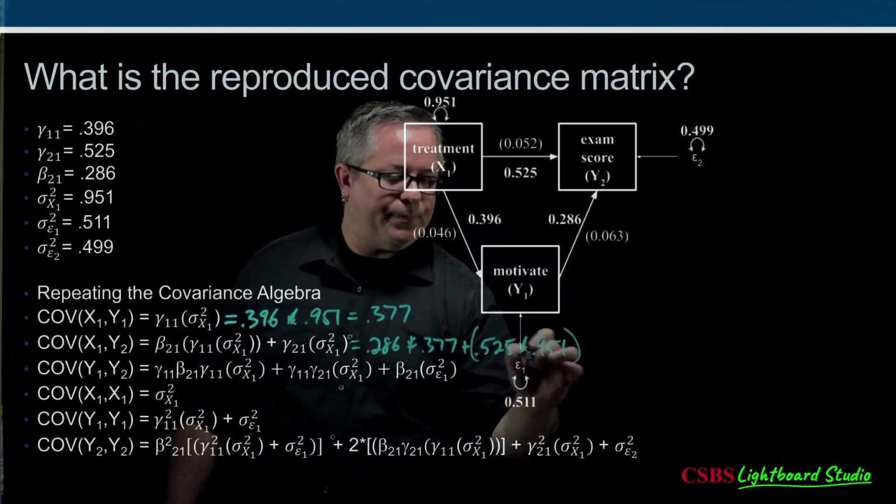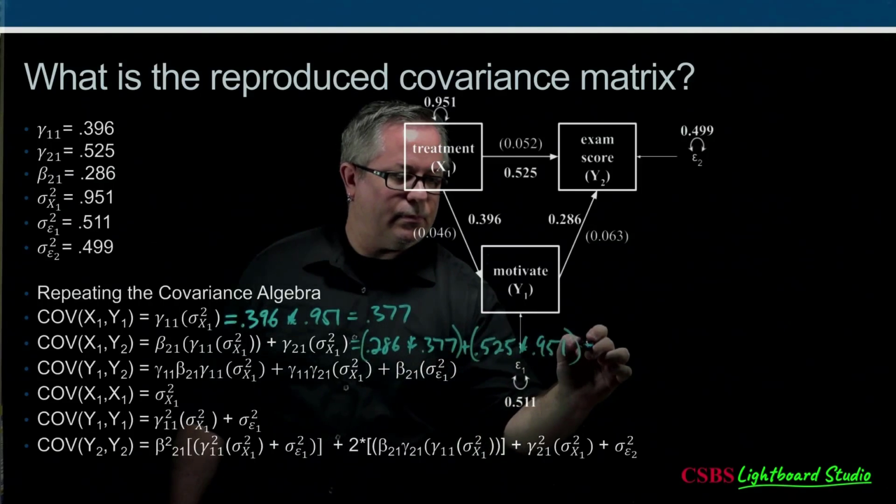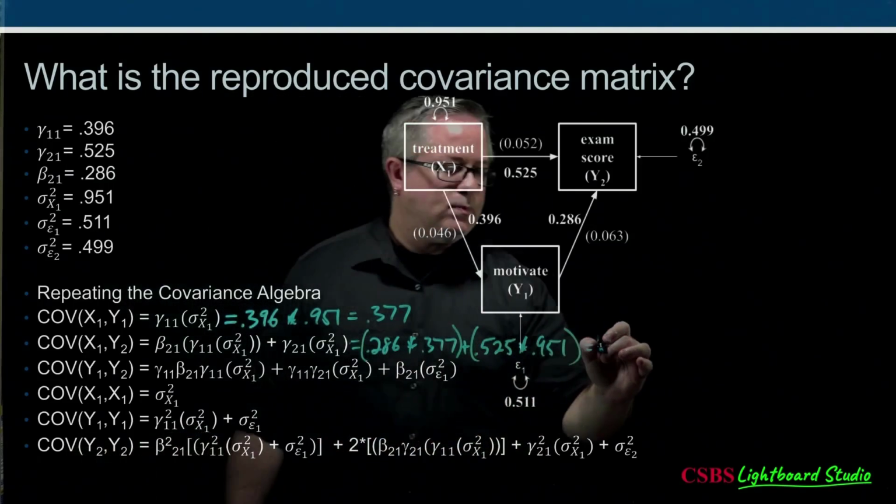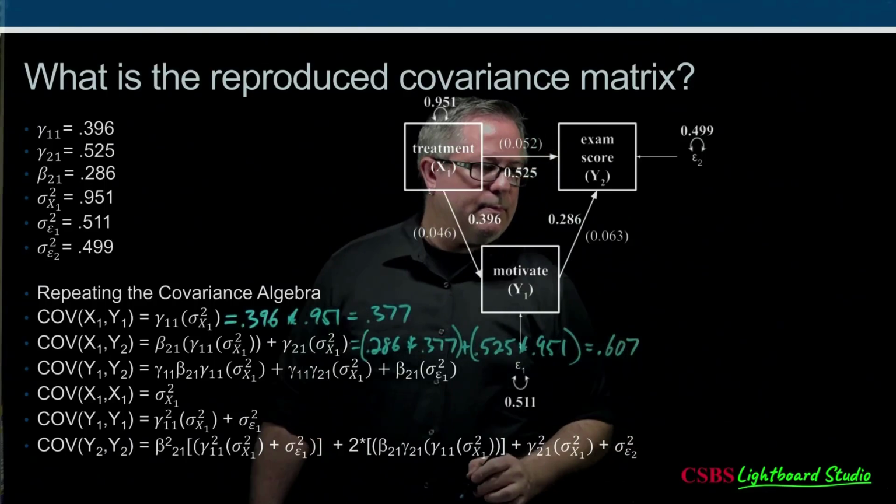Alright, so these are together, those are together, and again, 0.607. All right.